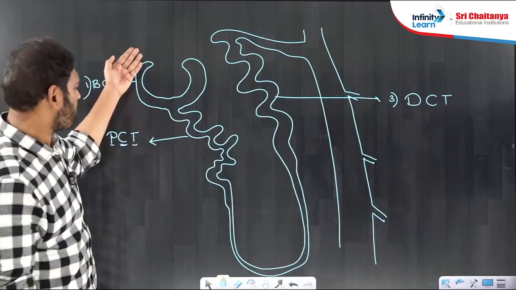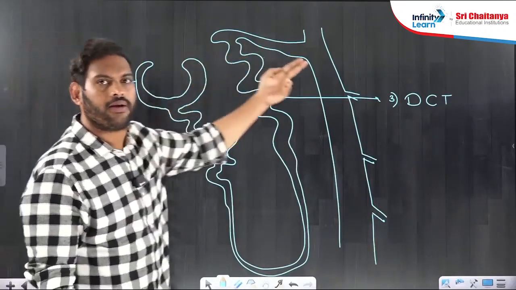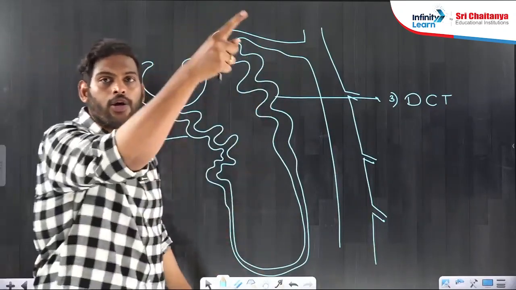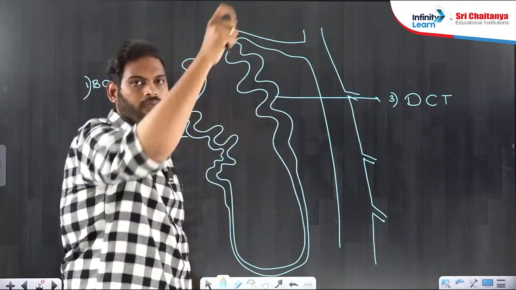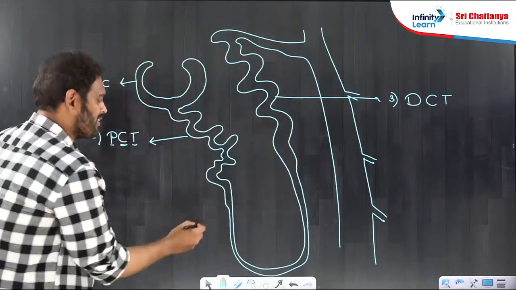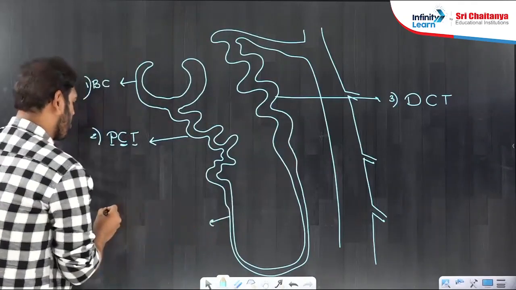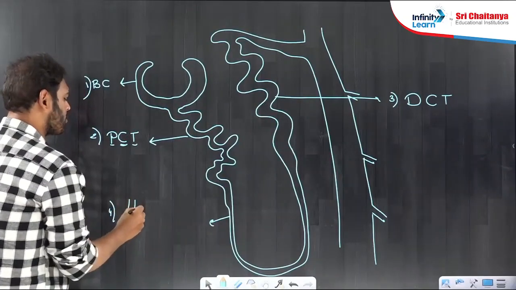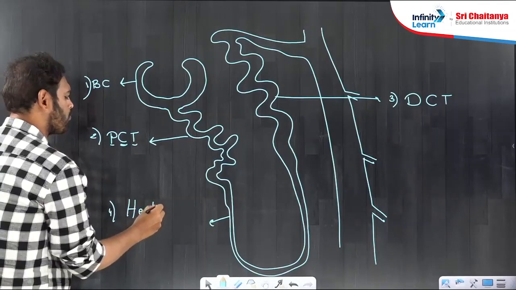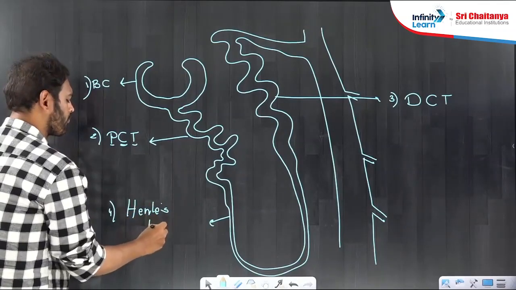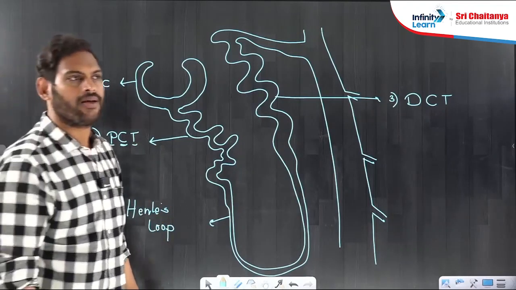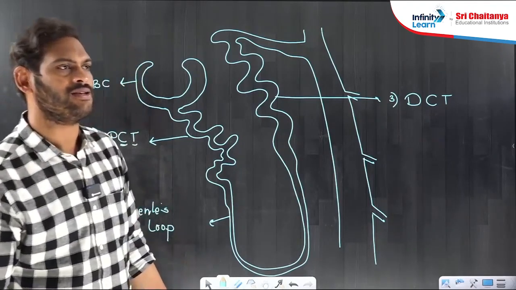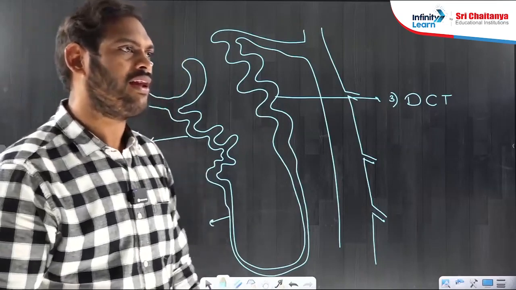See, Bowman's capsule, PCT, DCT, and there is a U-shaped loop-like structure. Right? This is called the loop of Henle, or just call it Henle's loop. In each nephron, it is loop of Henle, Jayashri, not loop of Helena.